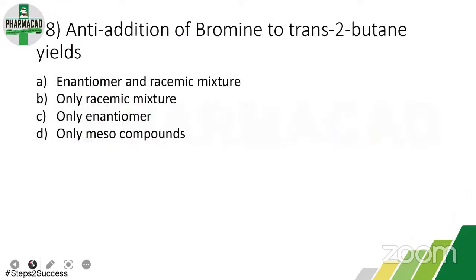Anti-addition of bromine to trans-2-butene yields what? Let's see the anti-addition. Trans-butene is this: one CH3 is on one side and the other CH3 is on the opposite side.